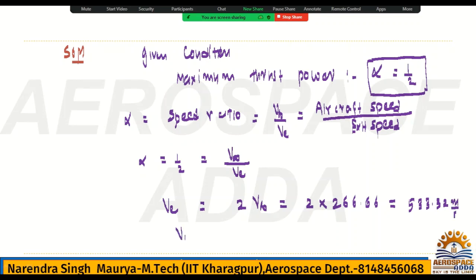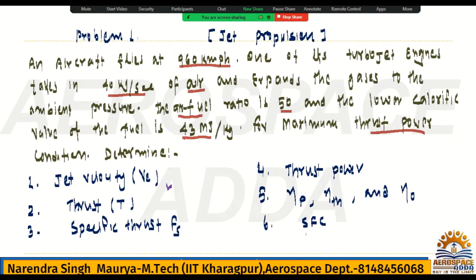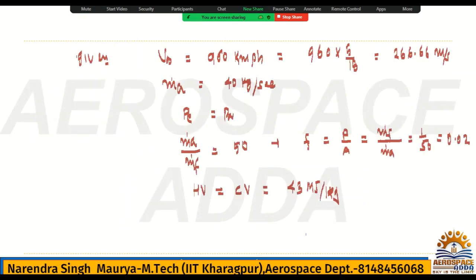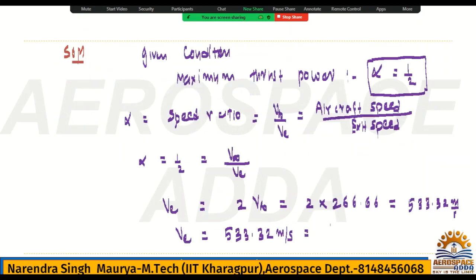So this is nothing but VE, 533.32 meter per second. Or what was the aircraft speed? 960, na? So 960 into 2, it is 1920 kilometer per hour.